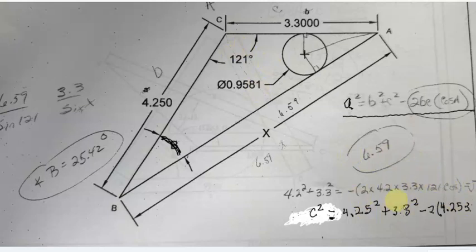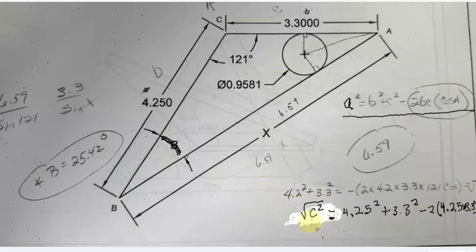So if I do all of this, if I take 4.25 squared plus 3.3 squared minus 2 times 4.25 times 3.3, times the cosine of 121, which again, just plug this straight into your calculator. Then you have to do something in order to make this work.